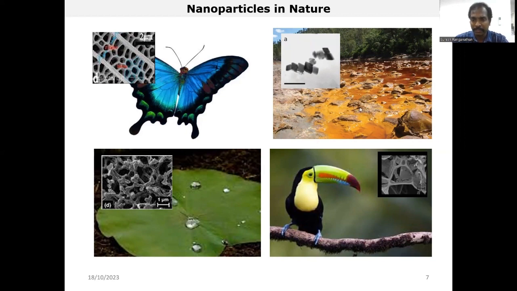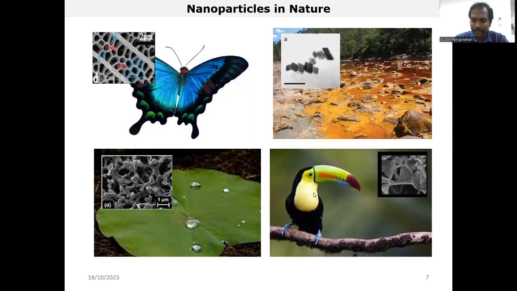And in the river, we can see a yellowish product. That yellowish product is nothing but iron oxide nanomaterials. You can see this leaf, it's called a lotus leaf. Water won't wet this lotus leaf, and this hydrophobic property is also because of nanomaterials present in this leaf.